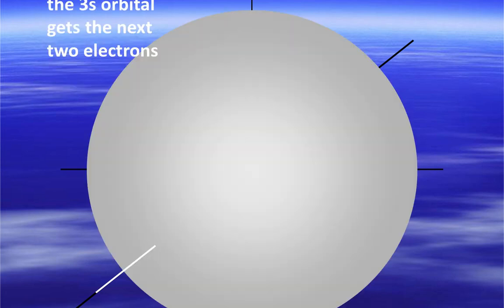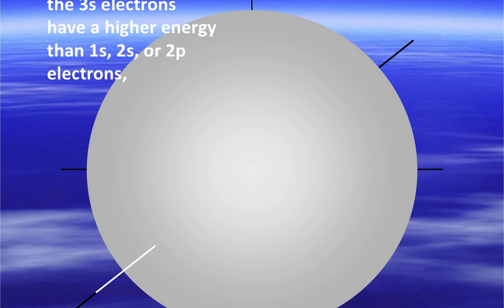Then we get more real estate, a higher energy level: we get 3s. 3s can hold 2 electrons, but because we're doing sodium, there will only be 1 electron on that larger energy level in 3s.